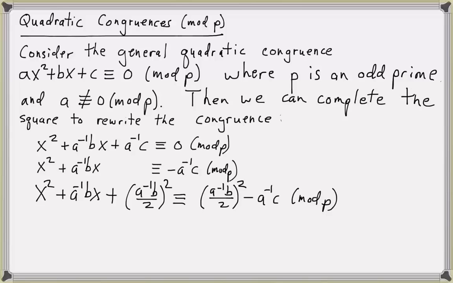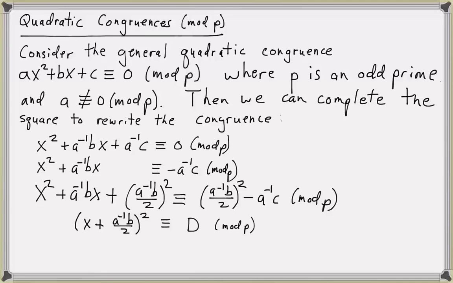So we've completed the square, so the left-hand side will now factor as x plus a inverse b over 2, quantity squared, and this will be congruent to this expression on the right, which I'm going to replace with capital D, some number d, which really stands for the discriminant.